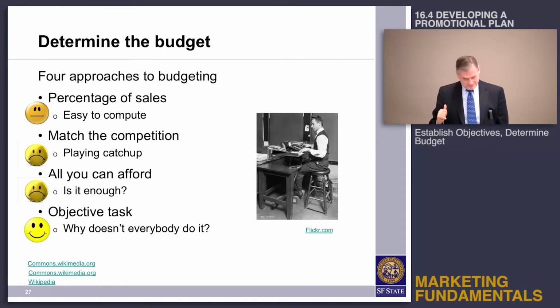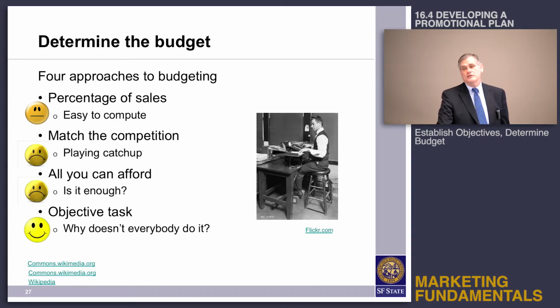Another approach is you figure out what the competition is spending and you spend at the level of the competition. I think this is a horrible idea, and you all know this is a horrible idea because we've talked about positioning. Why is it a horrible idea to set your promotions budget at what the competition is doing? You don't create an advantage.